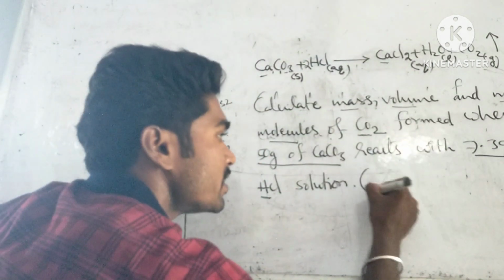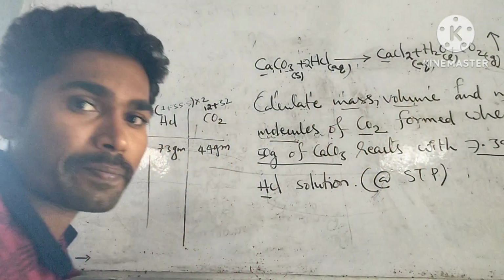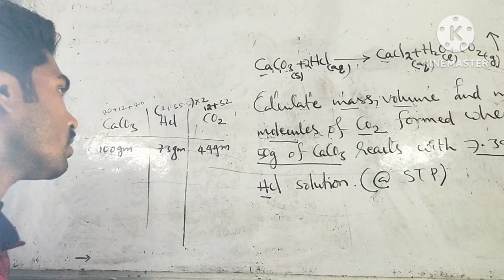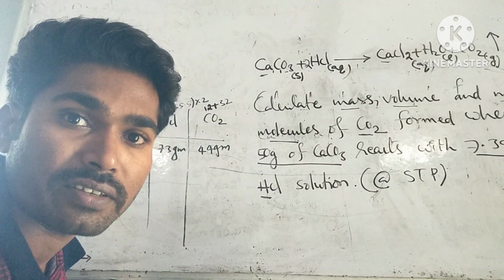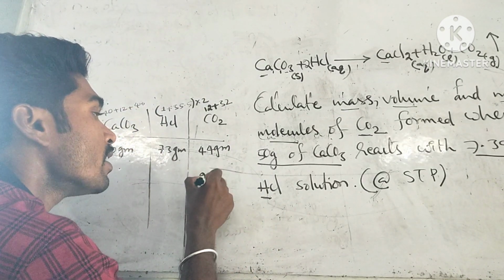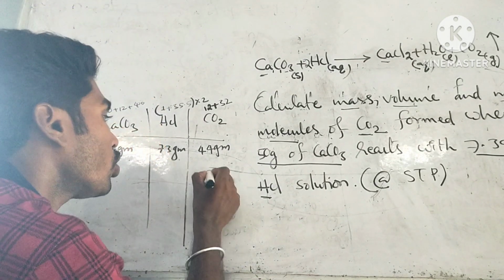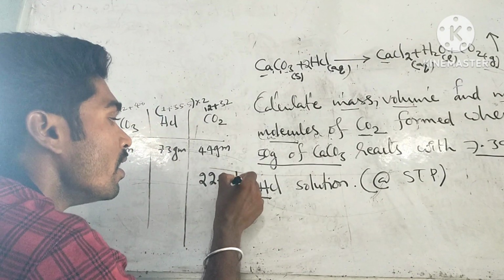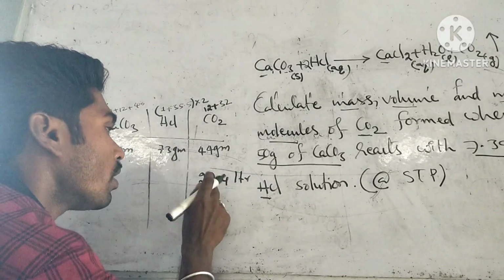Remember, this reaction is taking place at STP, standard temperature and pressure. So at STP, if you take mass, 44 grams of carbon dioxide is forming. Its volume: any gas at standard temperature and pressure condition occupies 22.4 liters of volume, and this will be equal to 1 mole.